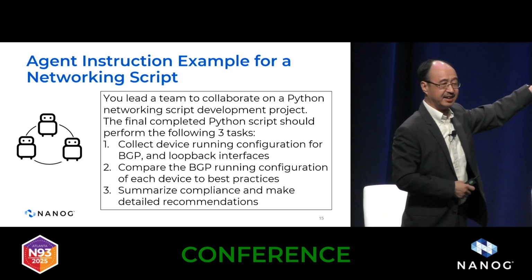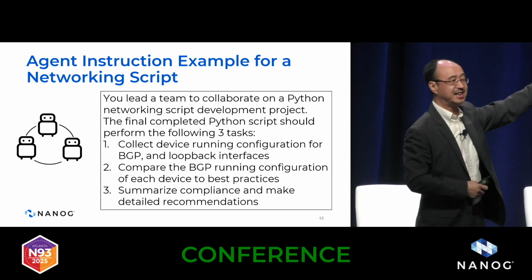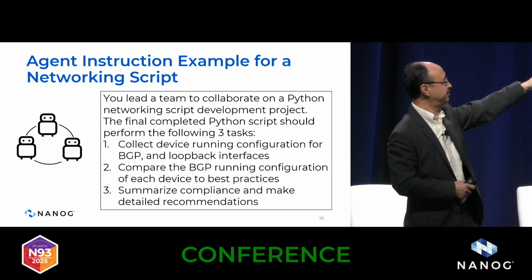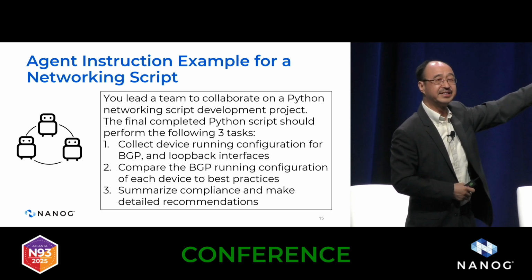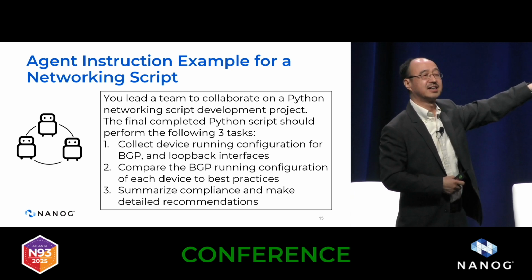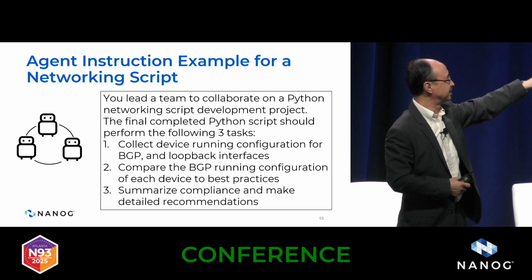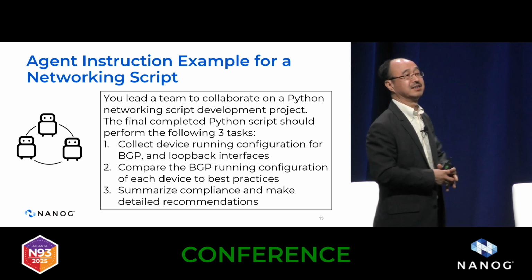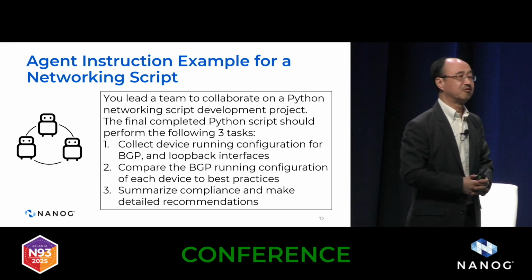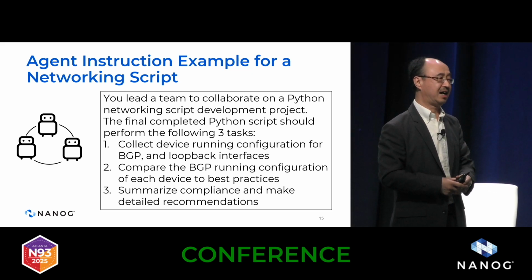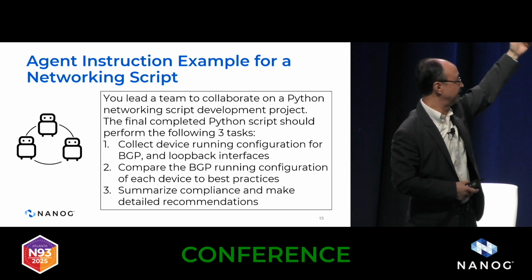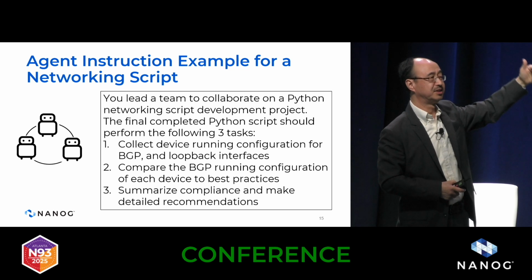Number one, collect device-level router configurations for BGP and loopback interfaces, and compare that configuration to a BGP best practices guideline. Then summarize the compliance of these devices and make recommendations if they do not comply, right? This is an example where an agent can take all three steps into one script.